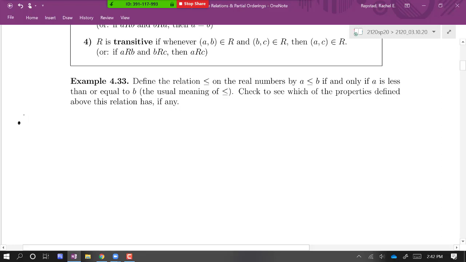So first, let's check, is it reflexive? If I pick an arbitrary real number A, is A related to itself under this definition of the relation?